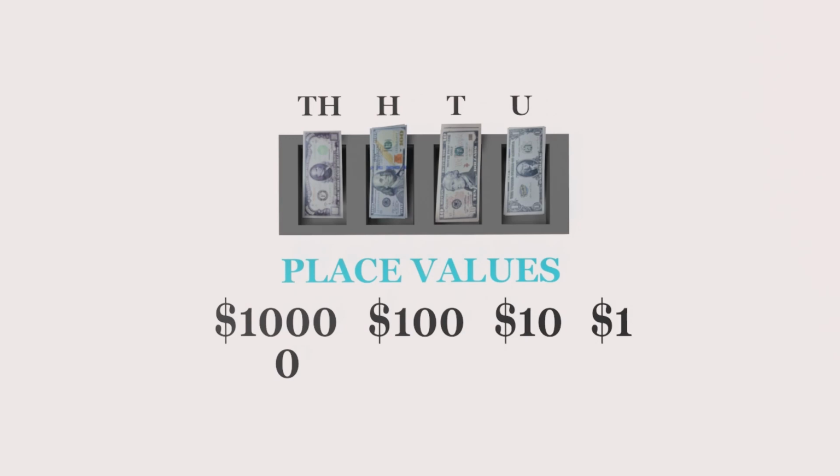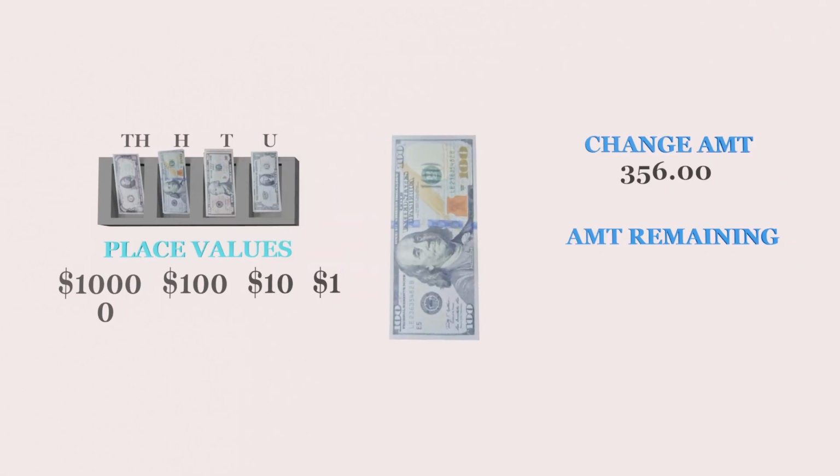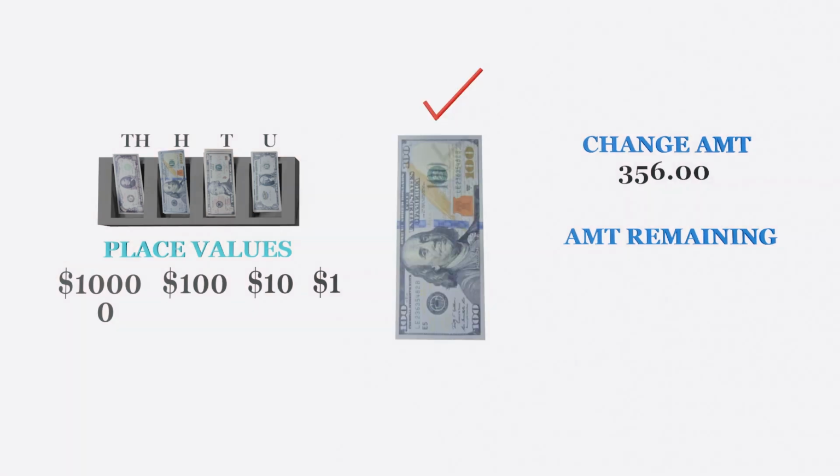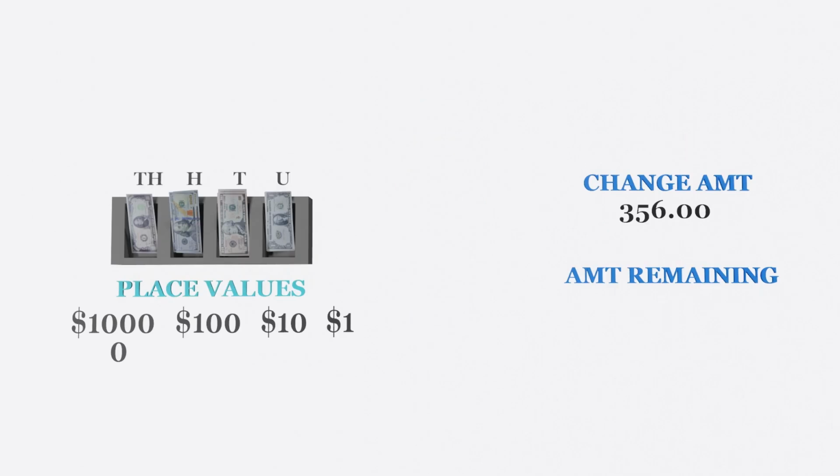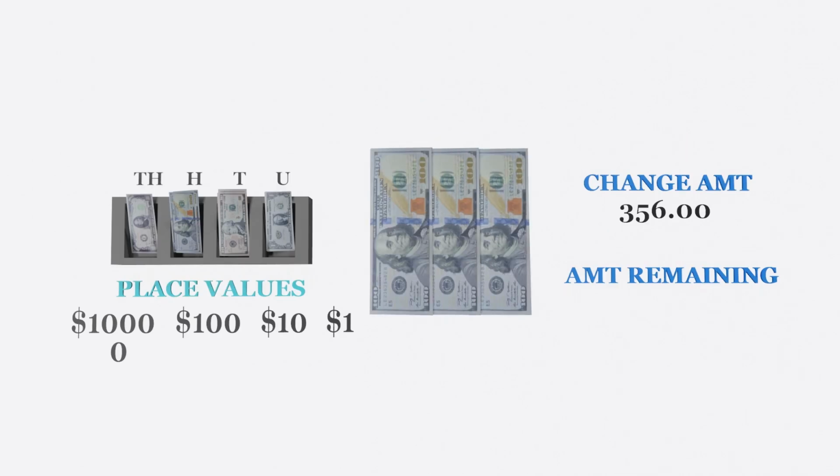We'll then proceed to the next denomination, the $100 bill. Will the cashier give you any $100 bills? Yes, because a $100 bill is smaller than the amount to be given out in change. But how many $100 bills would the cashier give you? The cashier would give you 3 $100 bills, because that is the most he or she can give you without exceeding the change amount.